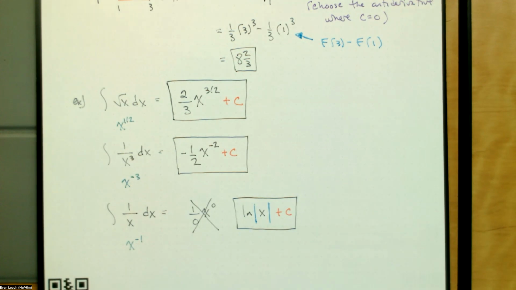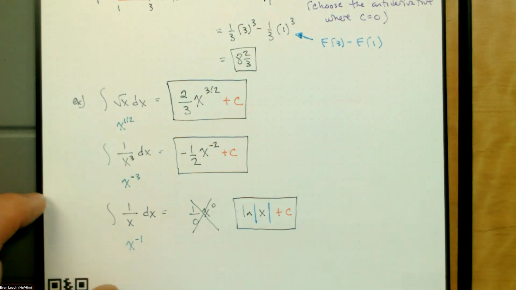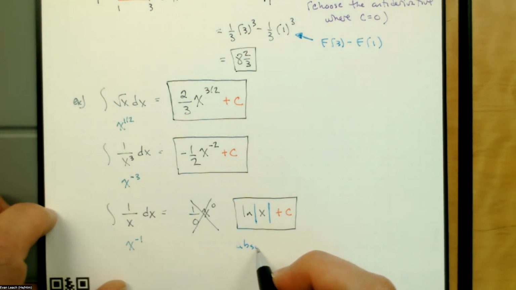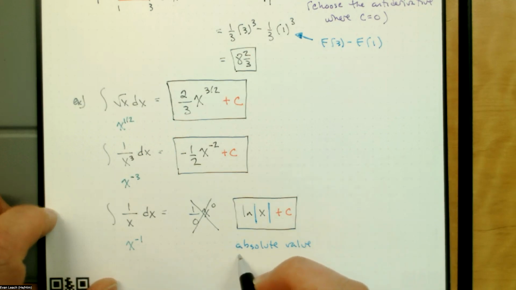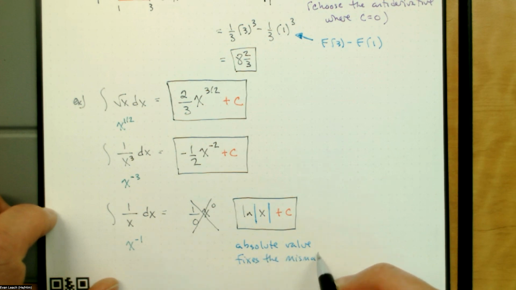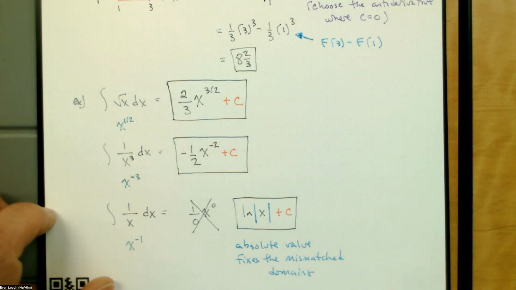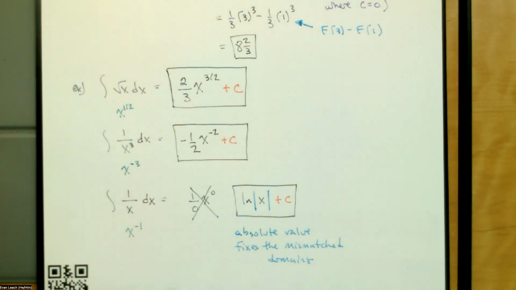Natural log doesn't like any negative numbers, and 1 over x does like negative numbers. They both dislike 0, so we're okay there. So the absolute value fixes the mismatched domains.